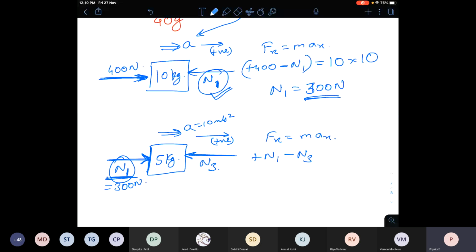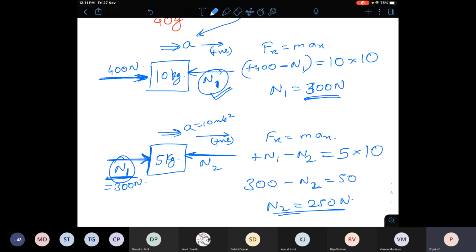Sorry, it should be N2, doesn't matter, that is just a variable representation. Minus N2 should be equal to mass, 5 kg, into acceleration, 10. N1 was 300, so 300 minus N2 is equal to 50. If you solve, N2 comes out to be 250 Newton. This is your answer, the final result of the normal reaction between 5 kg and 25 kg.